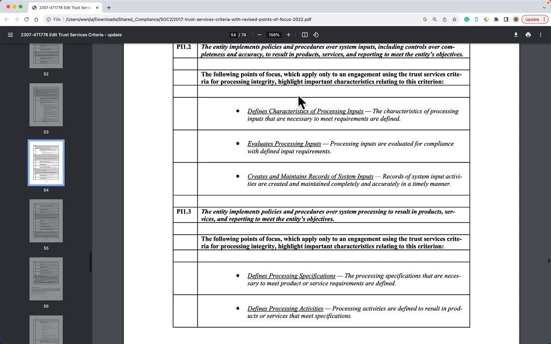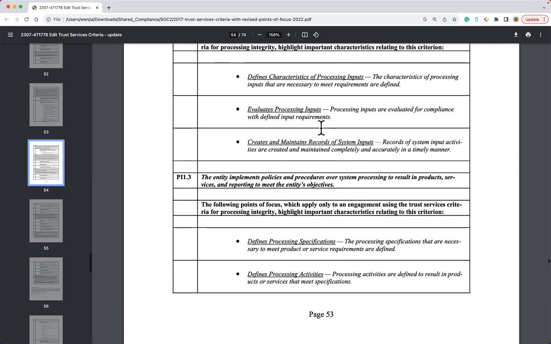Like I need to process a schedule for students, and then you need all their courses, IDs of courses, times of courses. You need to define these. The next one, evaluates processing inputs. Before you start putting information into your function to process, you need to check that it is complete and right.